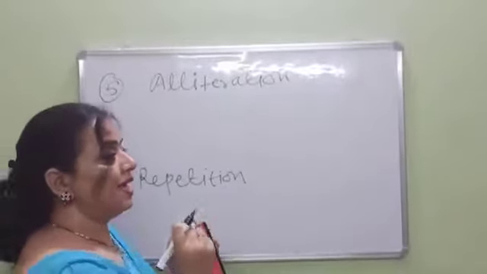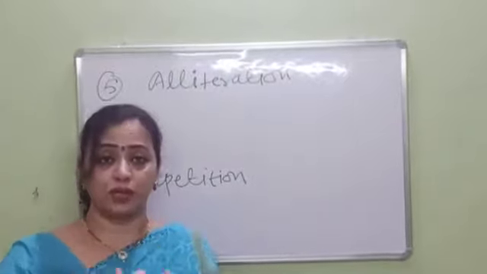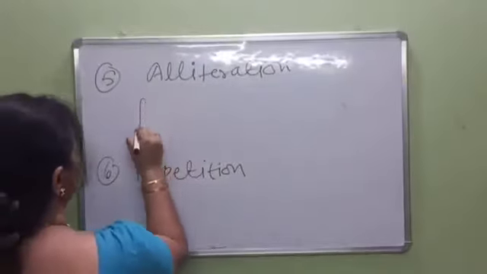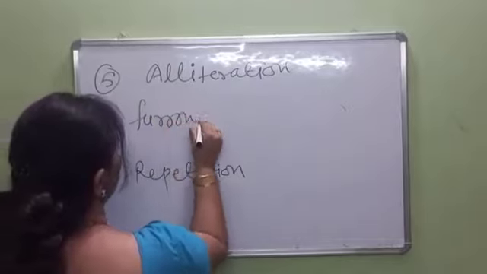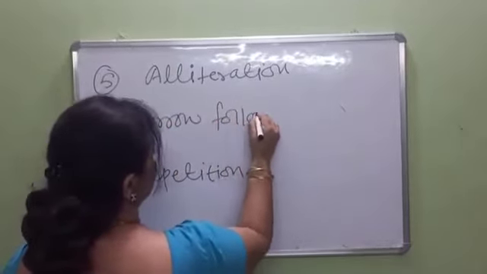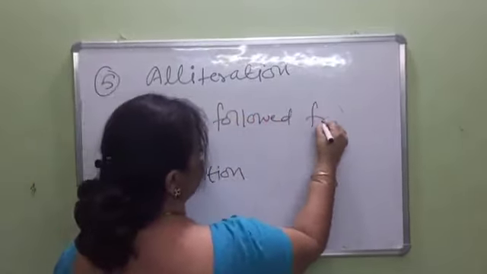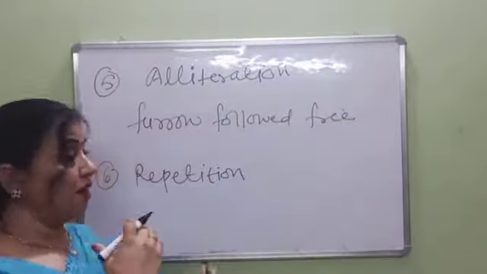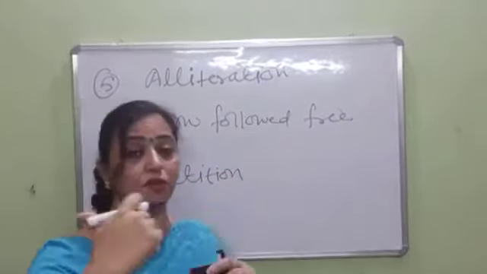Okay, so what will be the difference? Alliteration is, you can say, the same sound given together. Just like "furrow followed free", which was in your 10th standard book before the change of the syllabus, from The Rime of the Ancient Mariner.